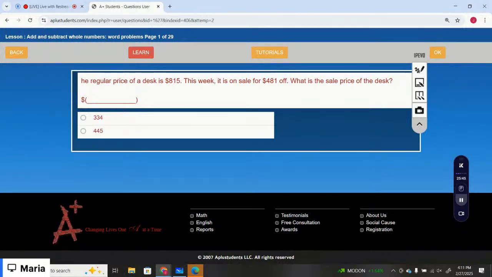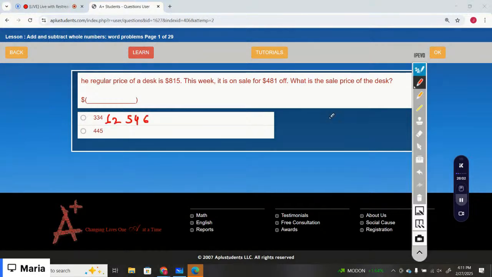The regular price of a desk is $815. This week it is on sale for $481 off. What is the sale price of the desk? The original price is 815.